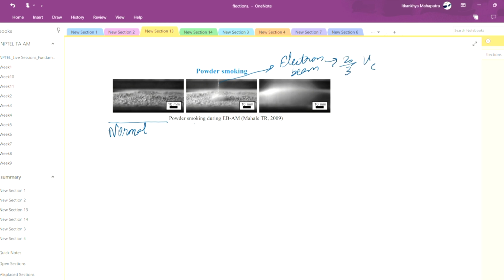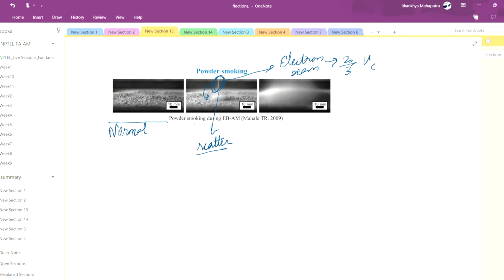Now we have the powder particles here. Ultimately, the electron is landing on the powder particles, and it will transfer all its kinetic energy to the powder particles. So one of the reasons is that it will scatter.